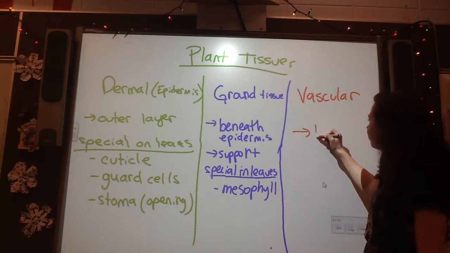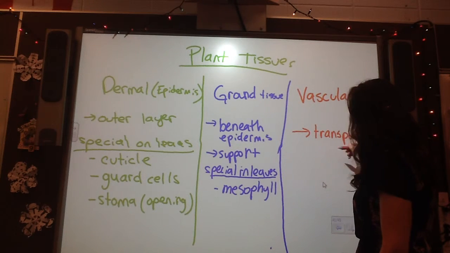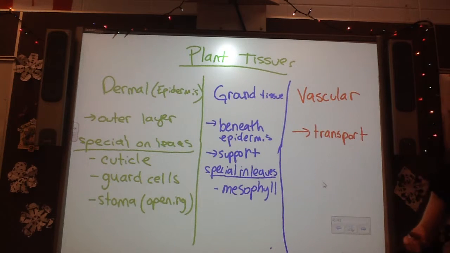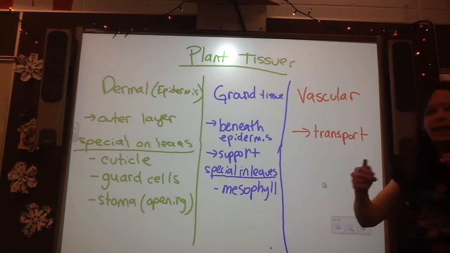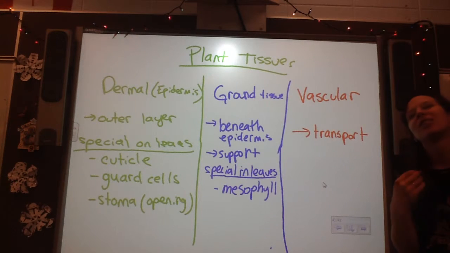transport stuff. So there's 2 types, xylem and phloem, and vascular tissue goes all throughout the whole plant. So where would you say this one is? It's usually found in the center, but it changes at different points.